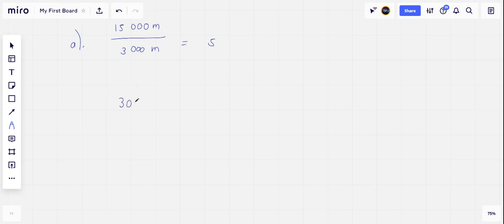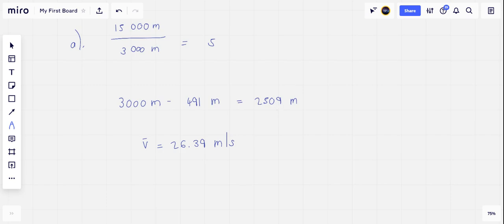So 3,000 meters minus 491 meters gives us 2,509 meters. And the average speed is 26.39 meters per second. That's for the distance of 2,509 meters.